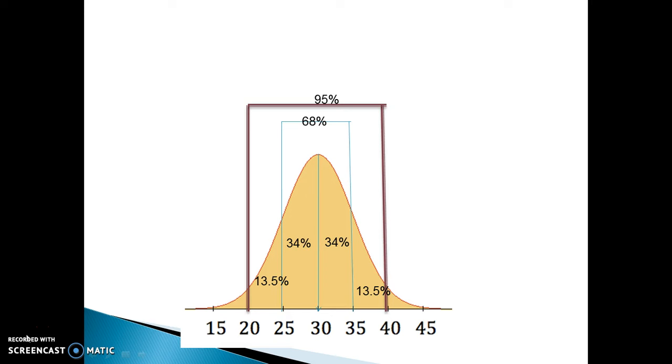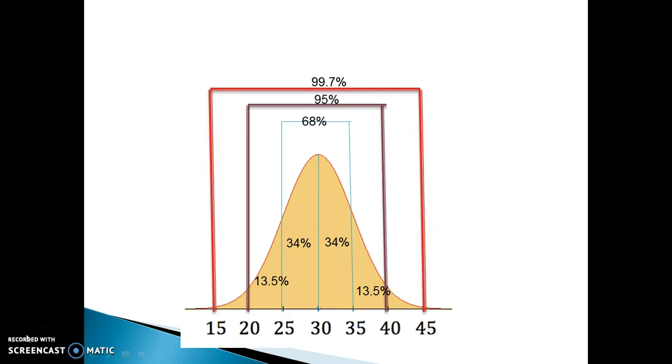It's each of those half sections. If you were to add all those up, you'd end up with 95. The next is 99.7. So that connects 15 to 45. And how much would be in those little sections? Well, 2.35%. And I can get that by subtracting and dividing by 2 again. Okay?